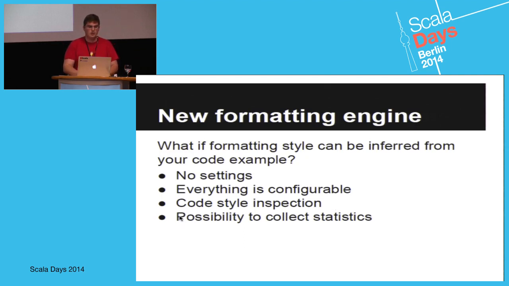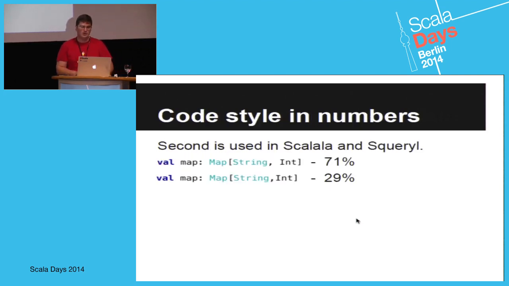And also, we get the possibility to collect code style statistics over the whole project. This work is in progress and it's also highly experimental. I can't promise it will be implemented soon. Probably it will be part of IDEA 14, so it will not be on the list for Scala. But right now we collected this information and I want to share some differences.